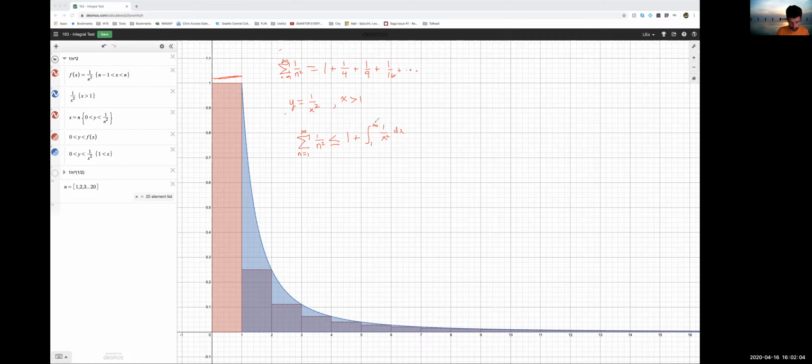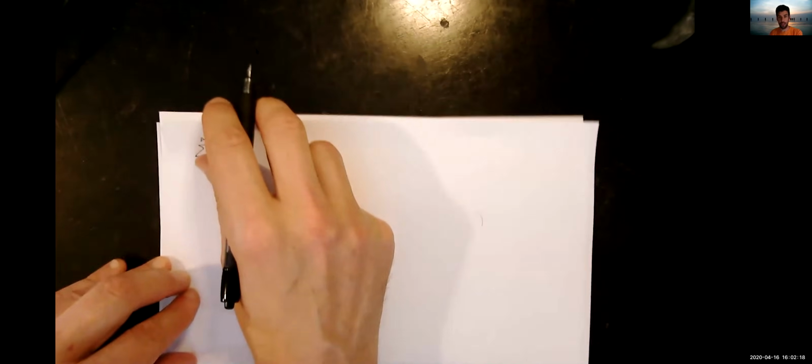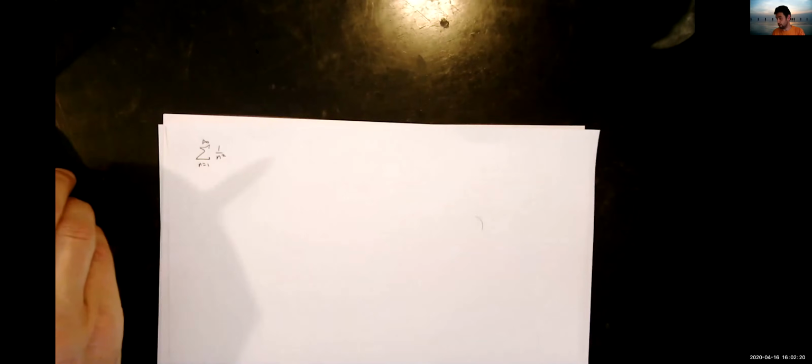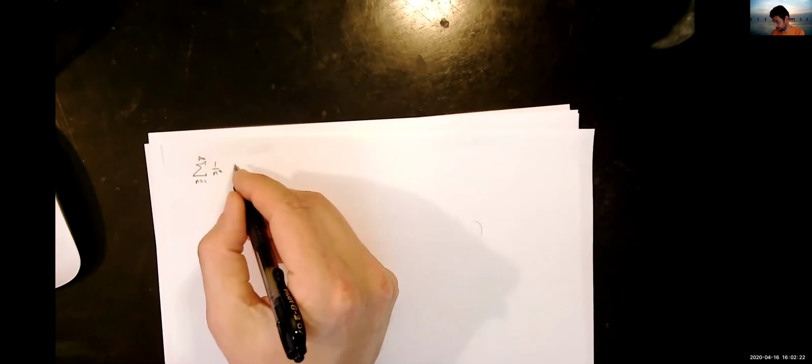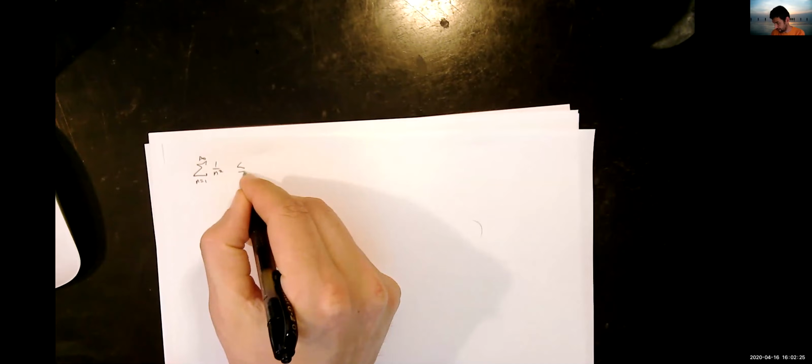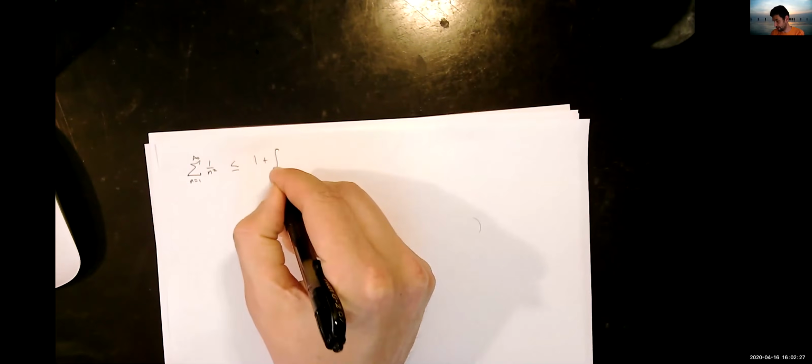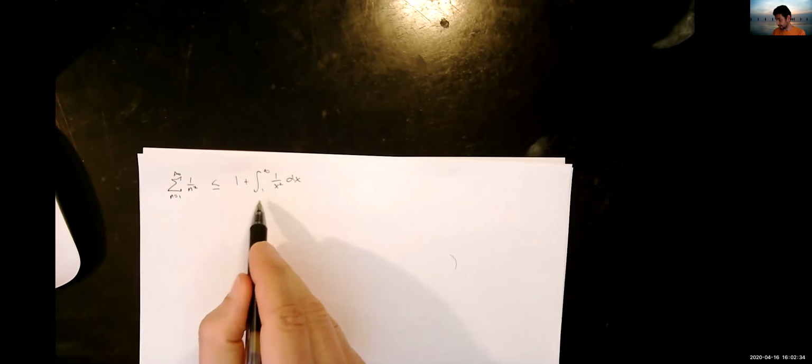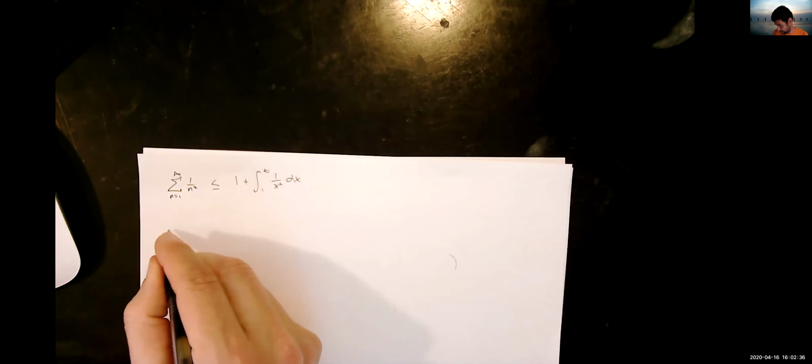So let's switch to my paper. All right. Remember what we had just done. I hope I convinced you that this series, if it has a sum, should be less than this expression on the right. So let's now take a look at this integral.